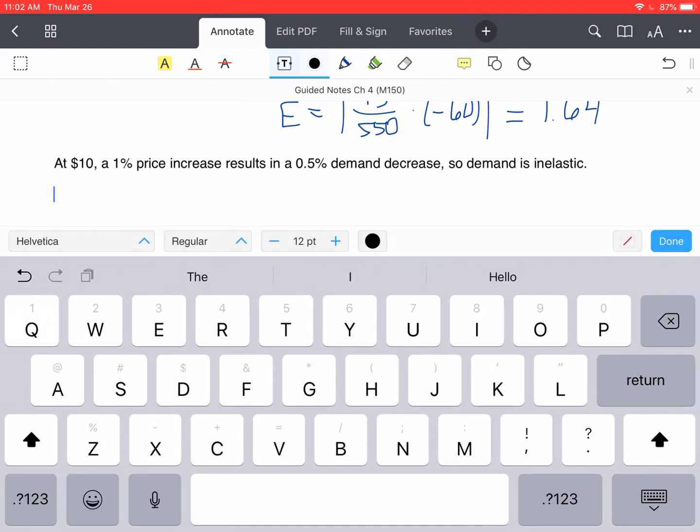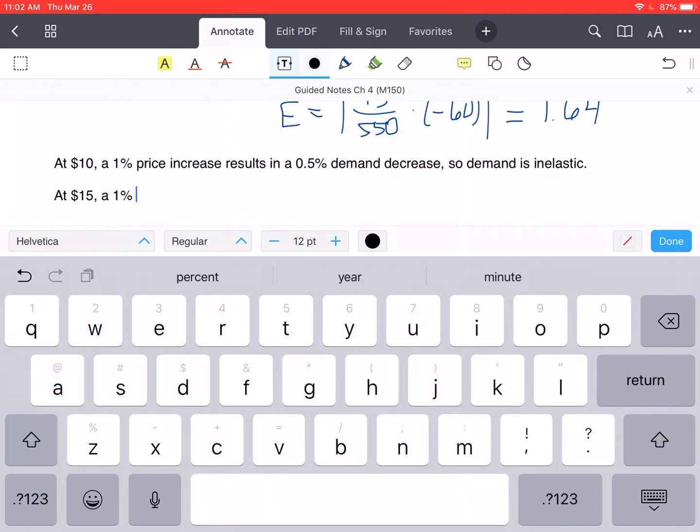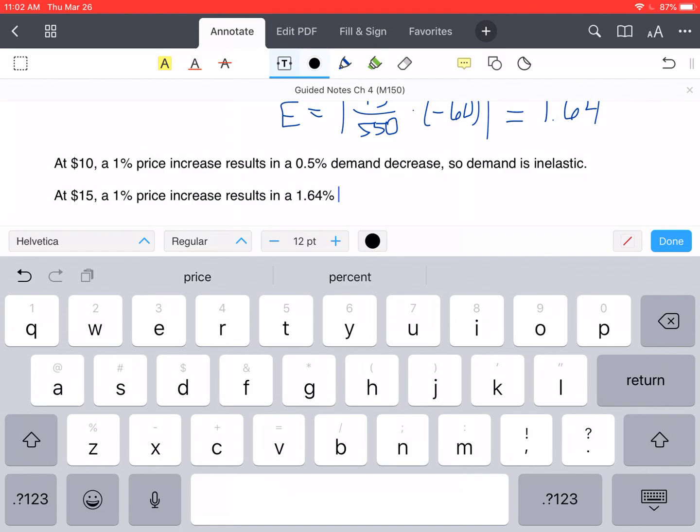Okay, and then the other case we had at $15, a 1% price increase results in a 1.64% demand decrease.